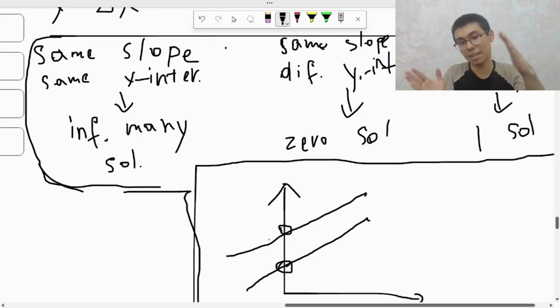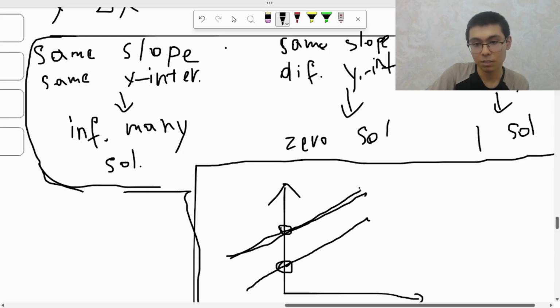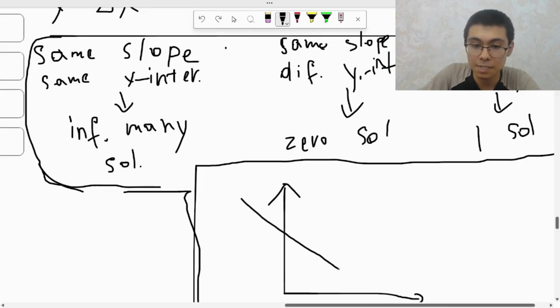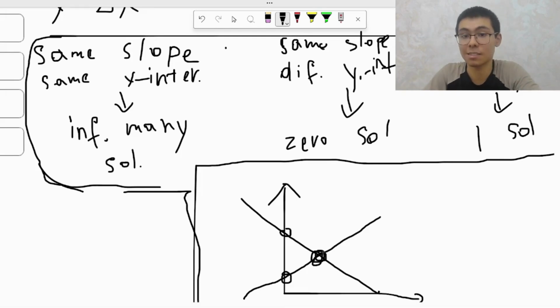Like if they have the same slope and different y-intercepts, they're not intersecting, right? If they're in the same, like, constants, right? And if there are different slopes, for example, this one is decreasing and the y-intercept is also different, and this second graph is actually increasing, so there's only one solution, as you can see, because there's one point where they're intersecting.